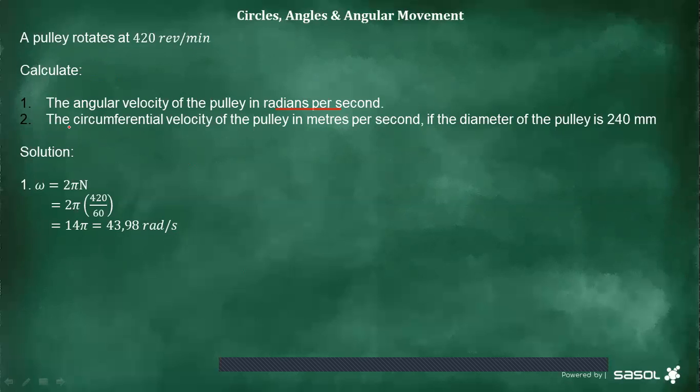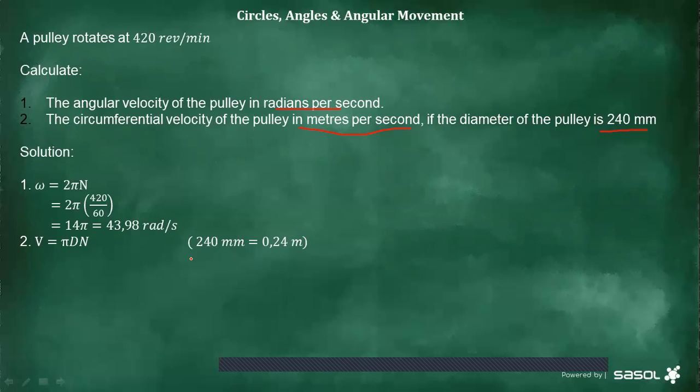Second question: calculate the circumferential velocity of the pulley in meters per second, if the radius of the pulley is 242 millimeters. Now we can see that the question needs us to calculate the circumferential velocity in meters per second. The radius that we have is in terms of millimeters, which is 240 millimeters.